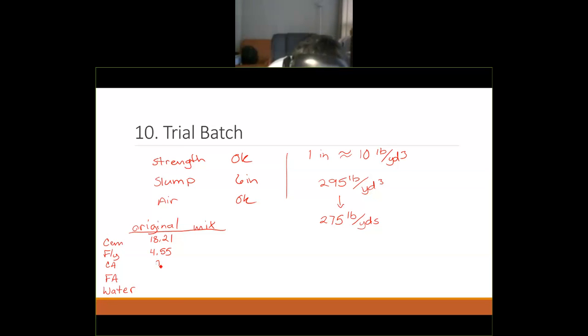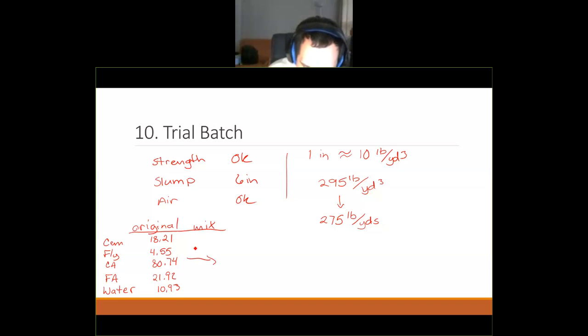And our fine aggregate was 21.92. And finally, our water was 10.93. Okay. Now, this was the SSD.